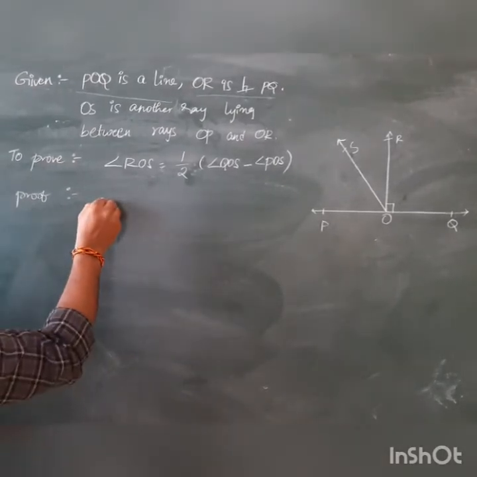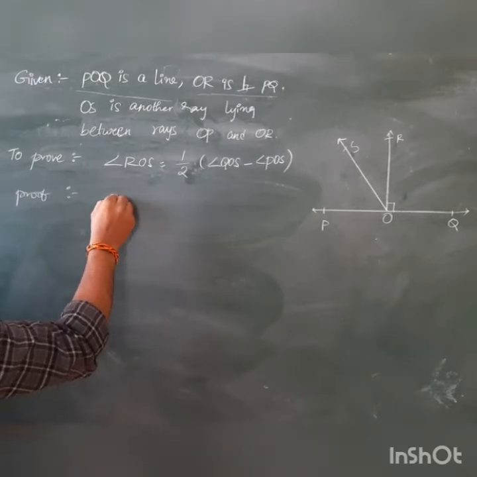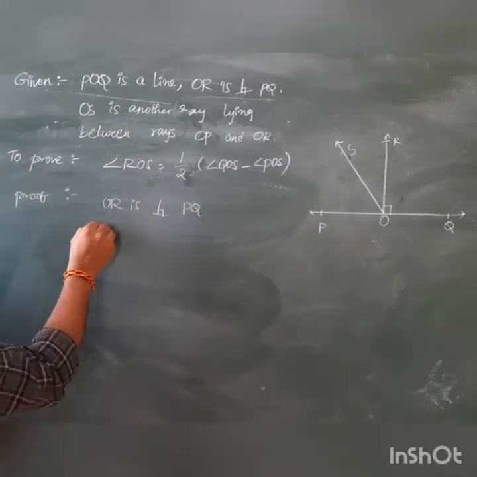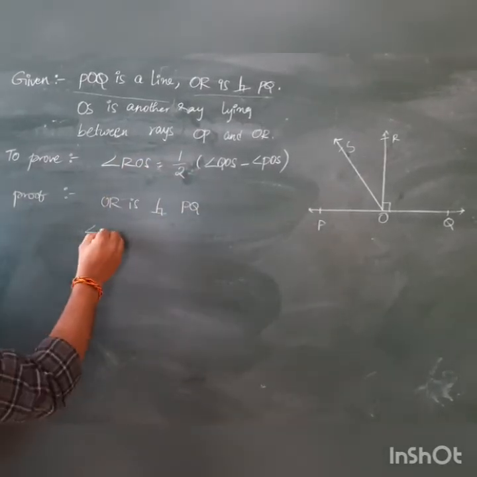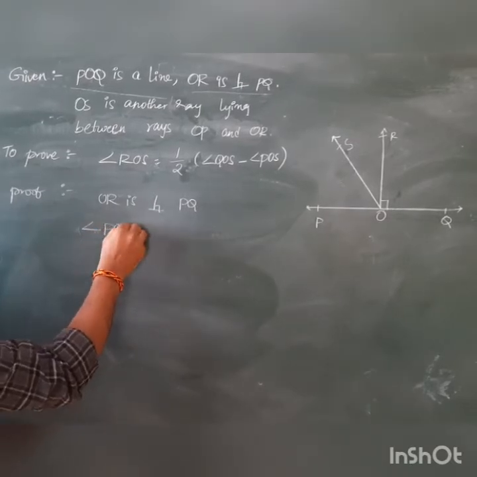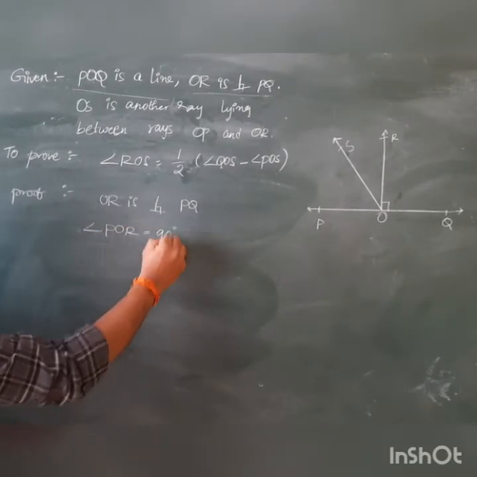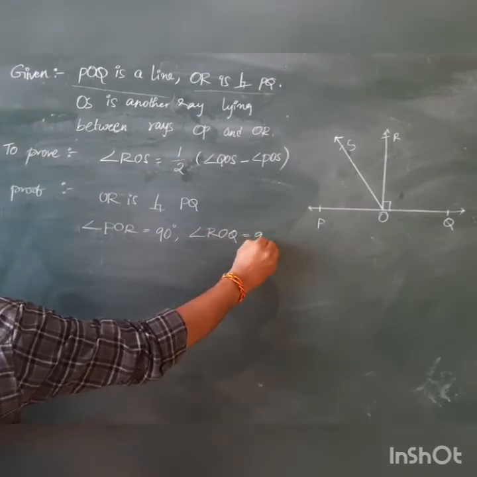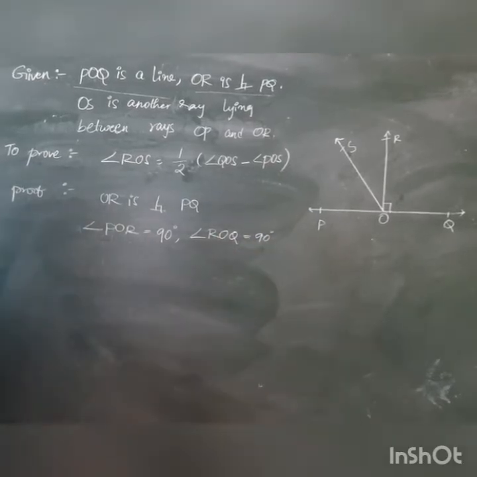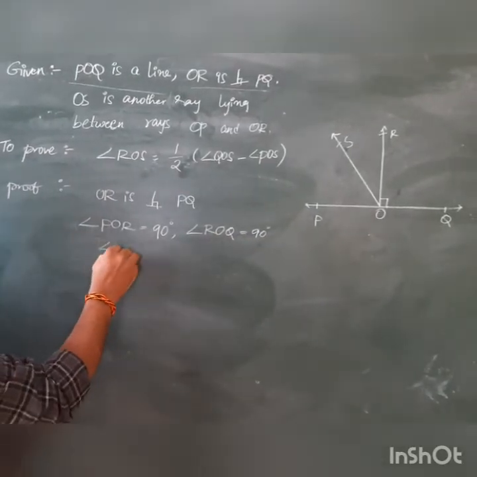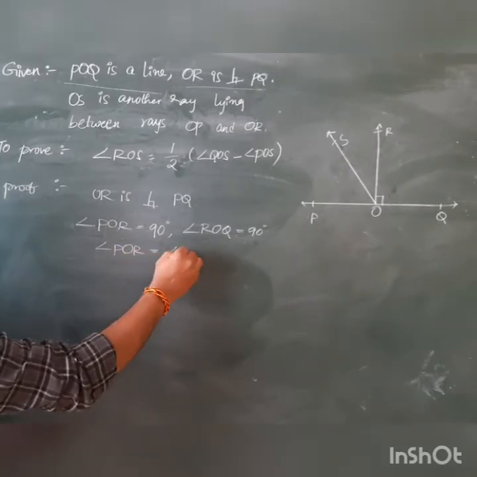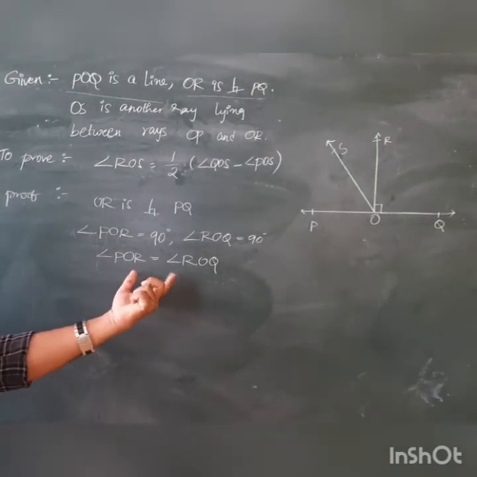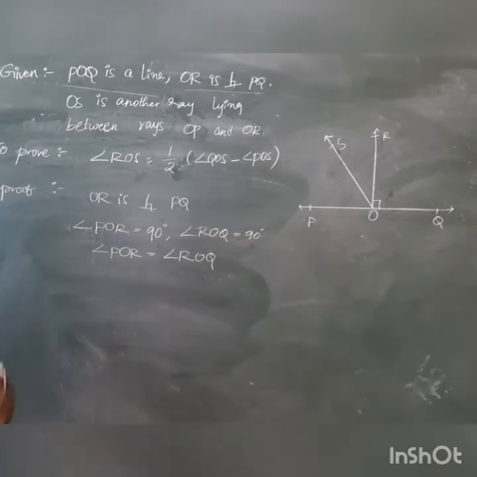So from this, angle POR is equal to 90 degrees and angle ROQ is equal to 90 degrees. As these two are 90 degrees each, we can equate these two. Angle POR is equal to angle ROQ.